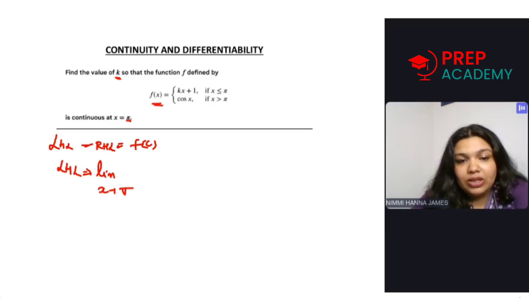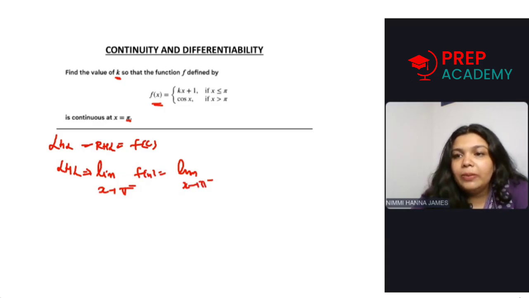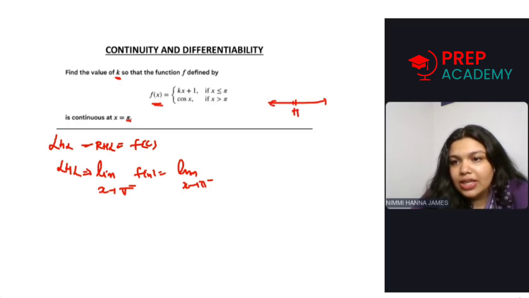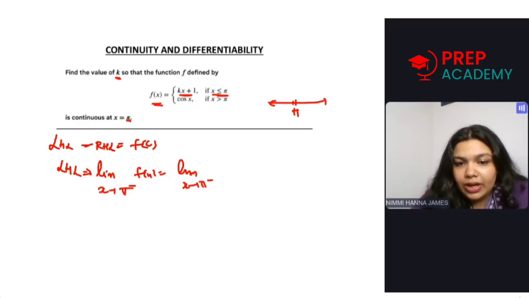The LHL here means the limit x tending to pi minus f of x. What is the function value when x tends to pi minus? On the number line, this is pi, so pi minus belongs to the left of pi, that is, it is less than pi. For all values less than pi, we have this function value kx plus 1.